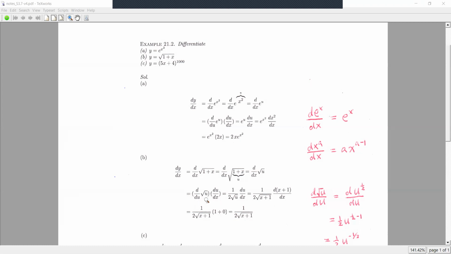For this derivative, on u to 1/2, square root of u, it is derivative of u to 1/2 with respect to u. I can apply this formula to get 1/2 times square root of u.